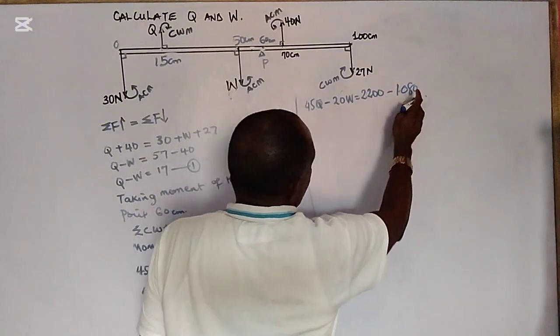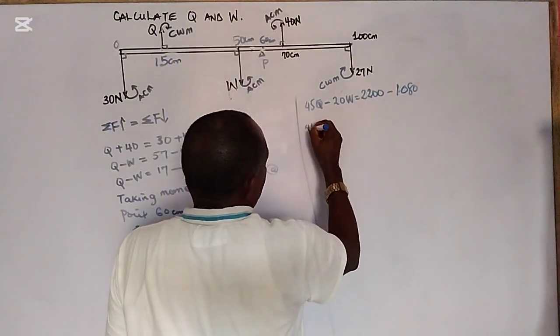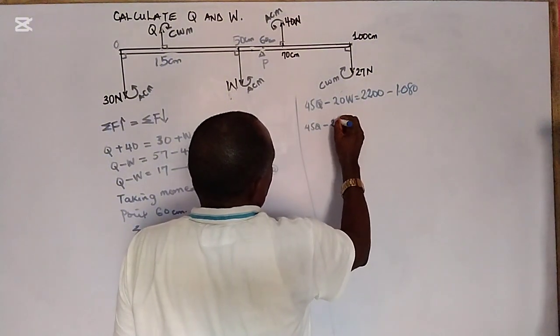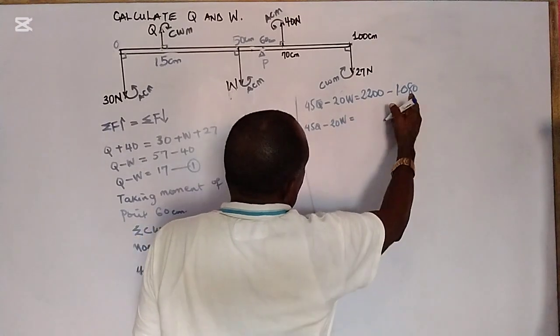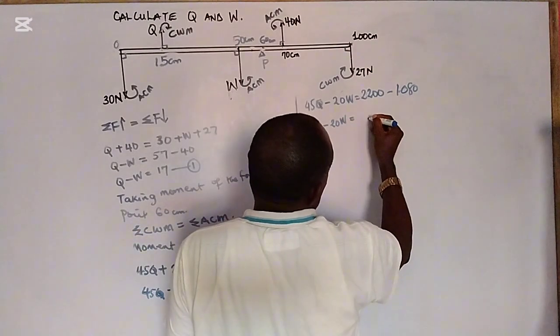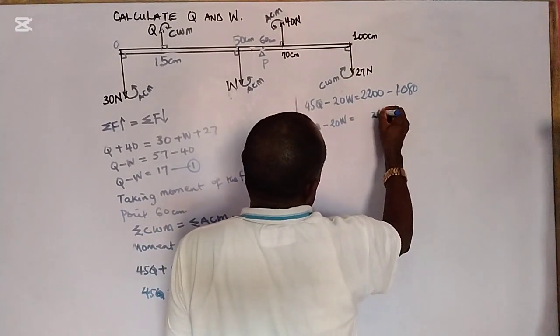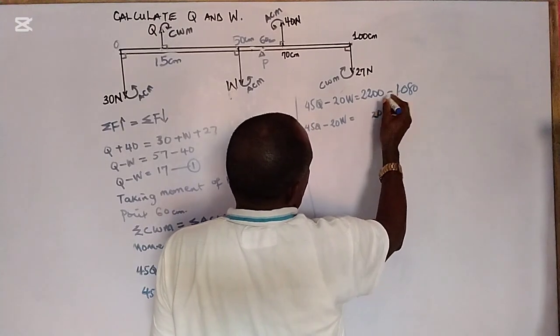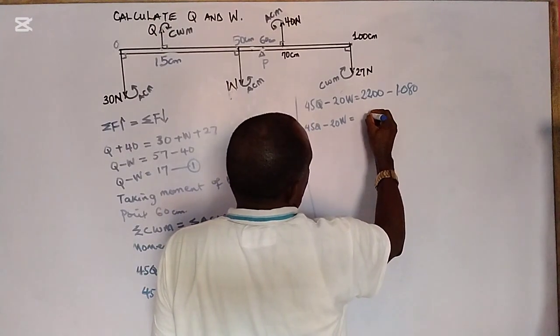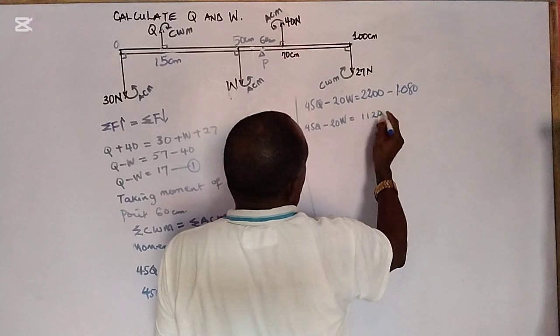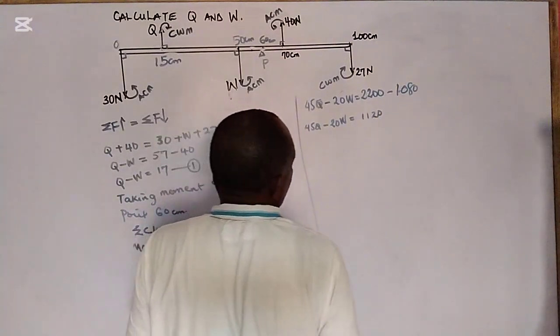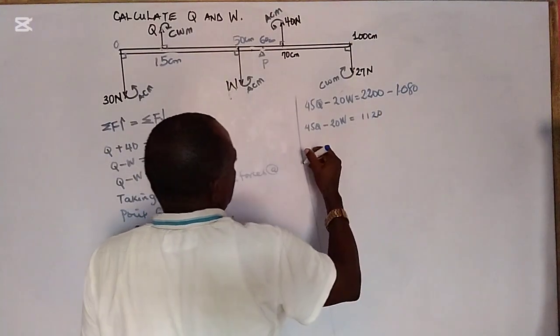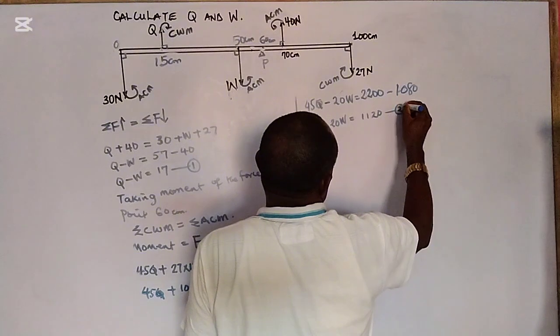So the next thing we're going to do is subtract this. So you will have 45Q minus 20W, equals 1,120. We call this one equation 2.